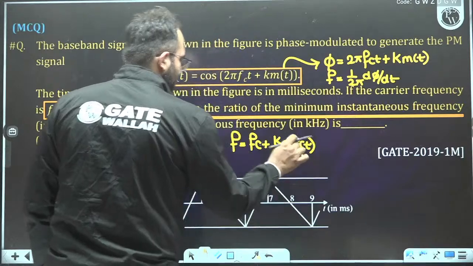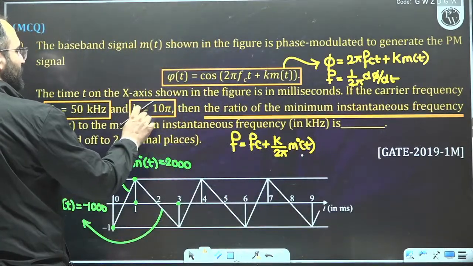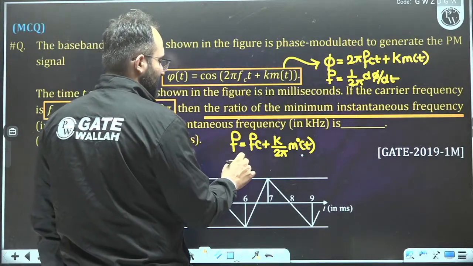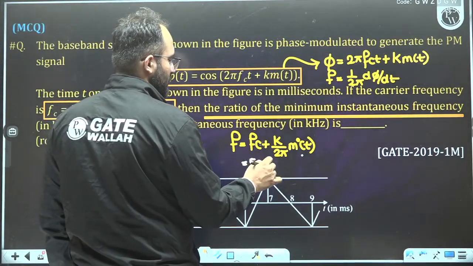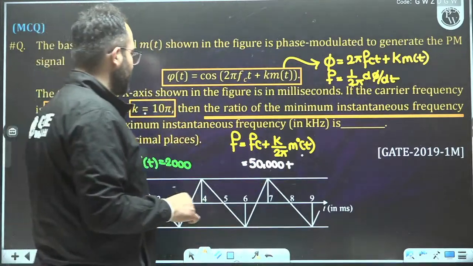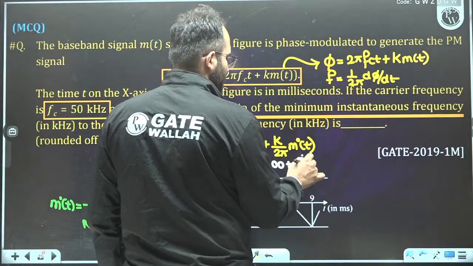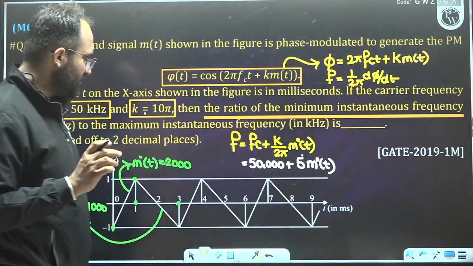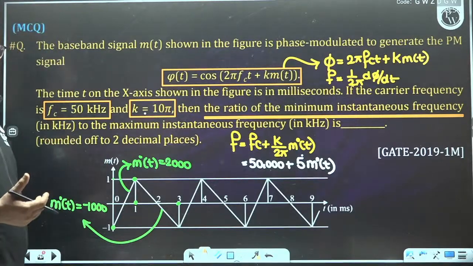So if we look at this term, we simply put k here, fc is 50,000, so we can see that k upon 2 pi is 10 pi divided by 2 pi, that is 5, times m dash t. Now m dash t has only two values, that is -1000 and 2000.